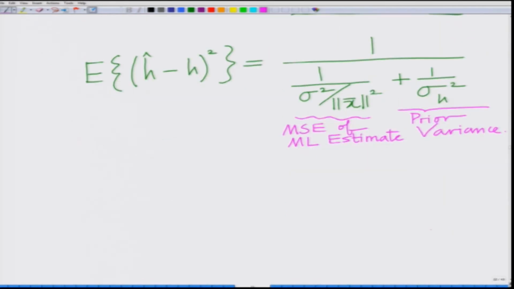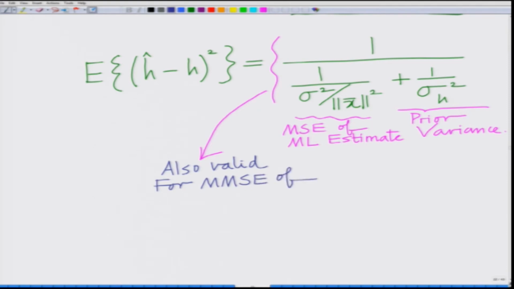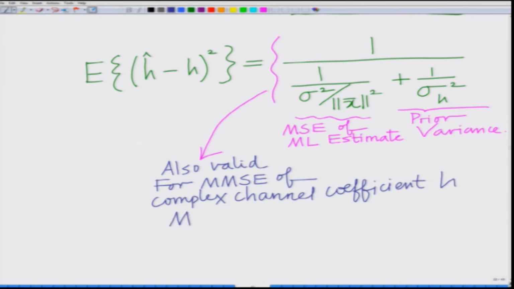We also said this expression is also valid for a complex parameter, that is, when the channel coefficient h is a complex quantity, except in that case the minimum mean squared error cannot simply use the expected value of h hat minus h square.